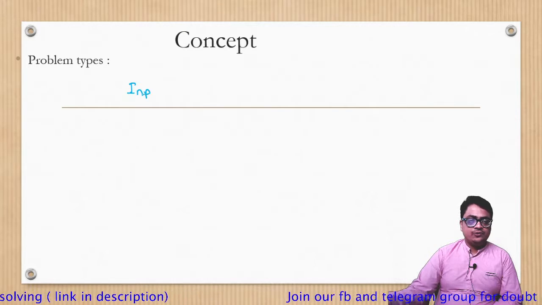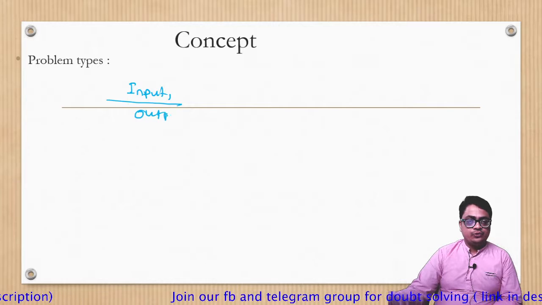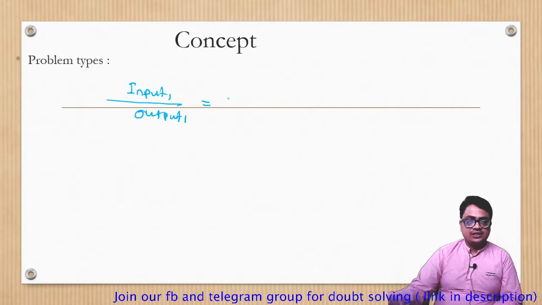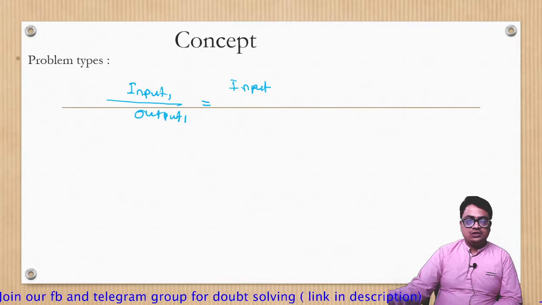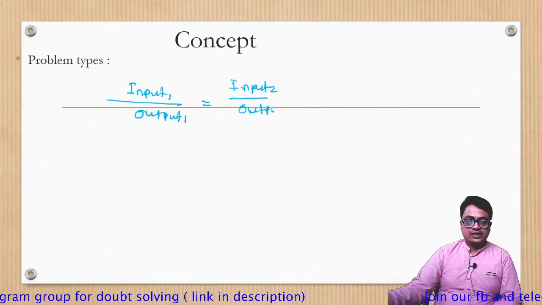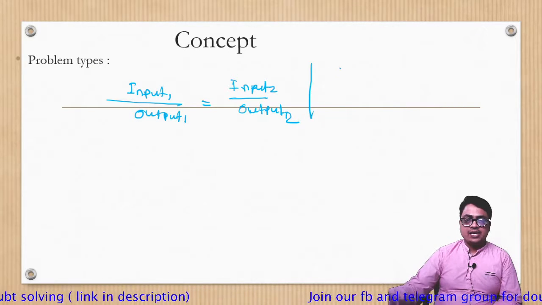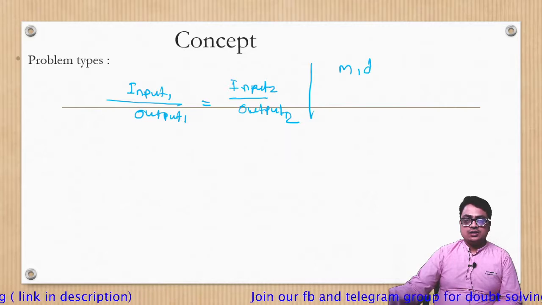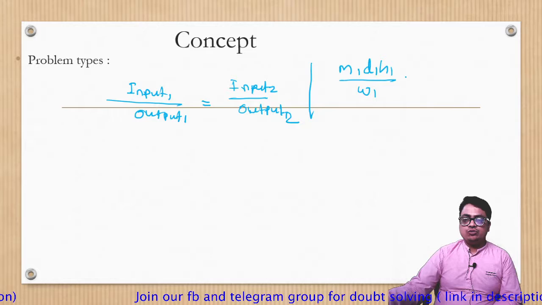I had told you input 1 divided by output 1 is nothing but input 2 divided by output 2. Okay, what is input? Man is an input, days is an input, and work is an output.